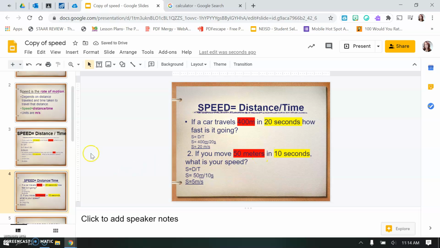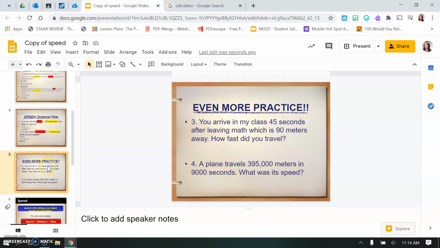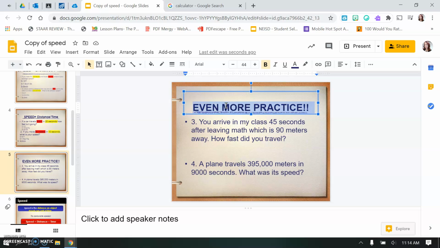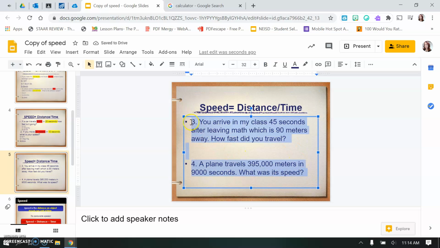Okay, let's try a couple more. So before you do your problems, you want to make sure you remember the speed formula. Speed equals distance divided by time.